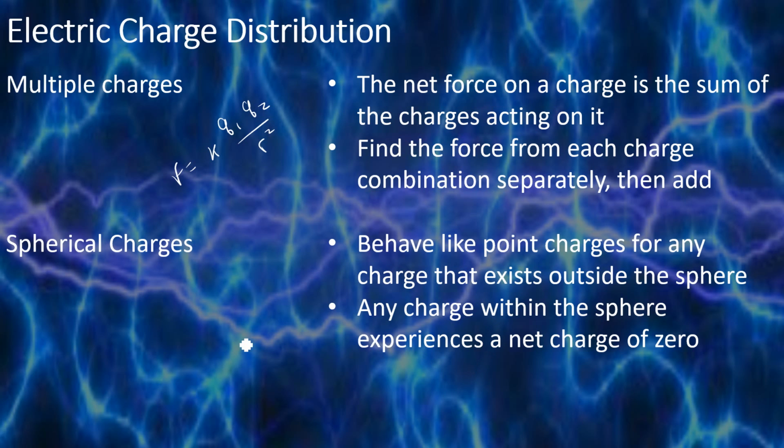And what's going to happen is, let's say we have this metallic ball and it has collected charge on it. Well, then that charge would tend to spread out all over the surface area of that sphere.